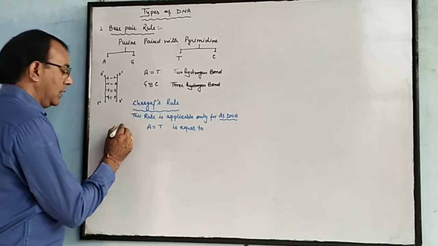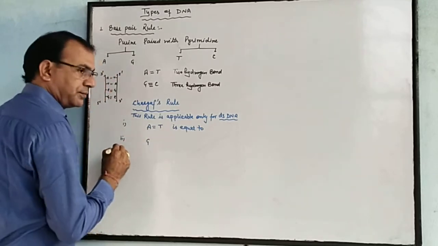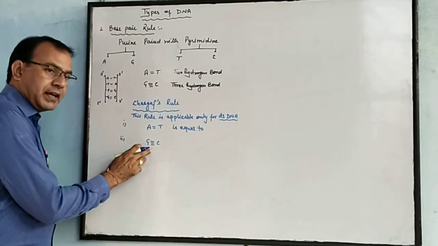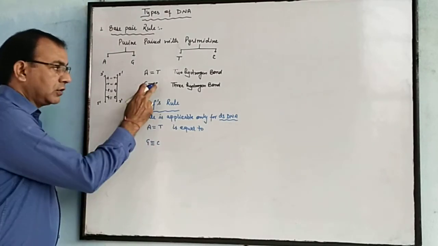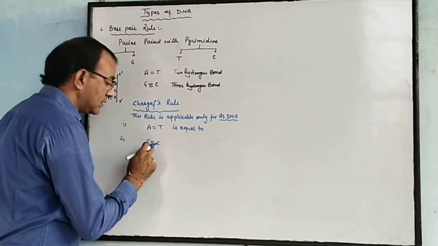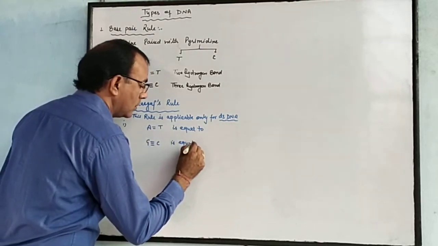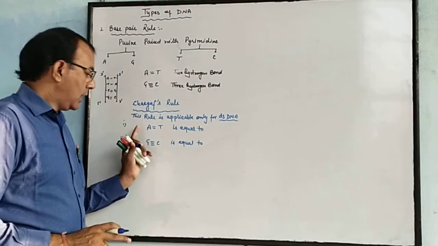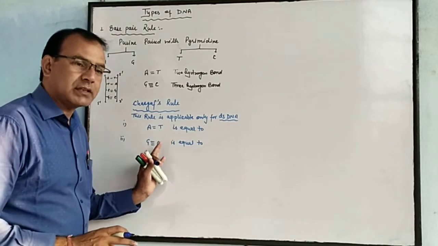This is the first one. And the second one is guanine is equal to cytosine. Here also there is no symbol of three hydrogen bonds; it stands for equals. It means the value of adenine is equal to thymine and guanine is equal to cytosine.